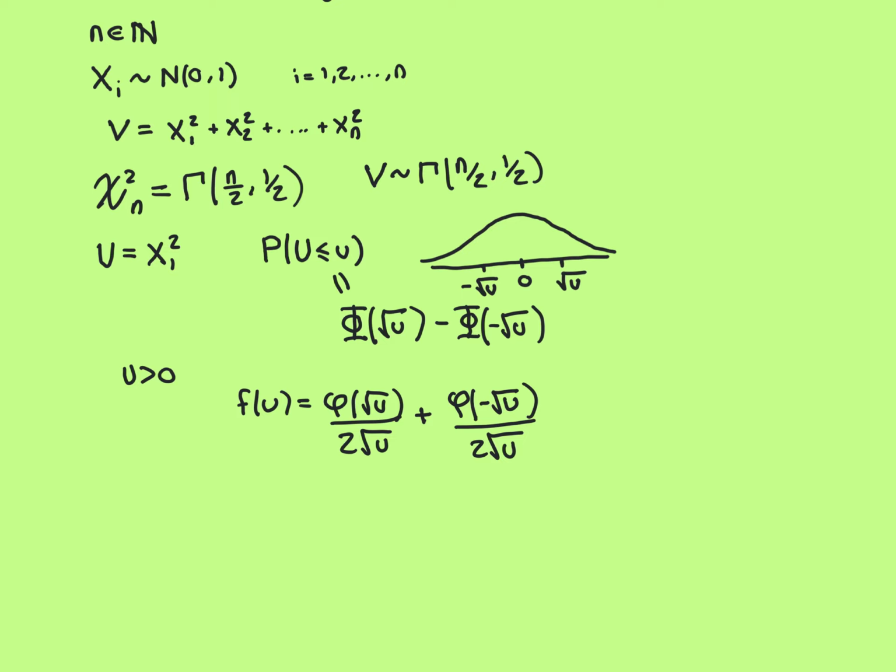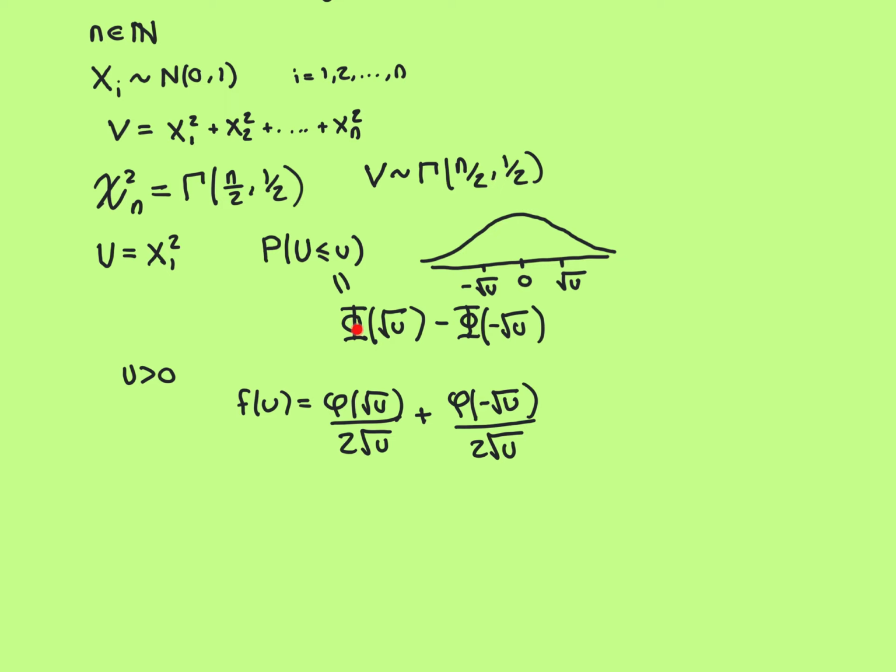So now what I'm going to do is differentiate this to get the PDF for my random variable u. So this PDF is going to be valid for u greater than 0, and you'll see why this process actually goes wrong at u equal to 0 when we perform this differentiation. So if we differentiate this now with respect to u, this is just a bit of the chain rule. Differentiating this capital phi will give us lowercase phi.